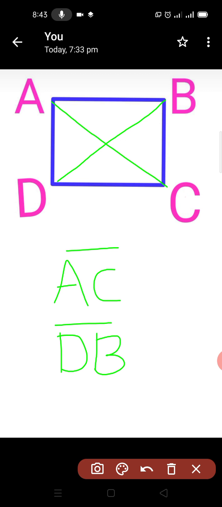Look at the given picture carefully. Here we know that AB, BC, CD, DA are the four sides. Then how many adjacent sides are there? Here we have four pairs of adjacent sides. What is meant by adjacent? Adjacent means side by side. Two sides of a quadrilateral which have a common endpoint are called its adjacent sides.